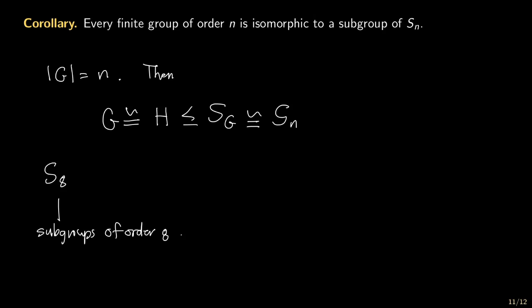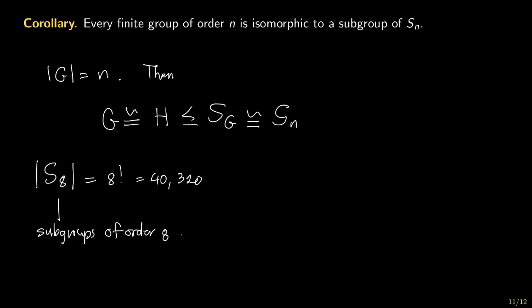Those are the only groups of order 8 up to isomorphism. But the group S of 8 is enormous in size because this has 8 factorial elements. How large is 8 factorial? I don't know, maybe 40,000 something. 320, I think. That's how large S of 8 is.